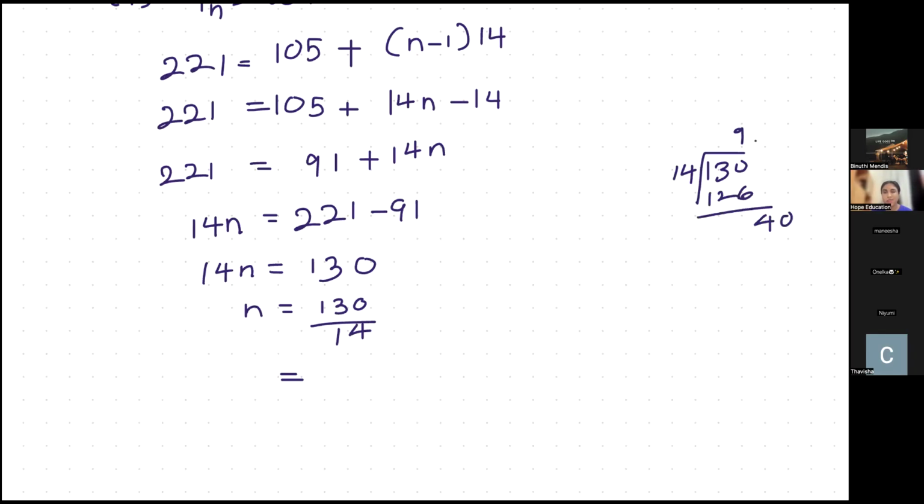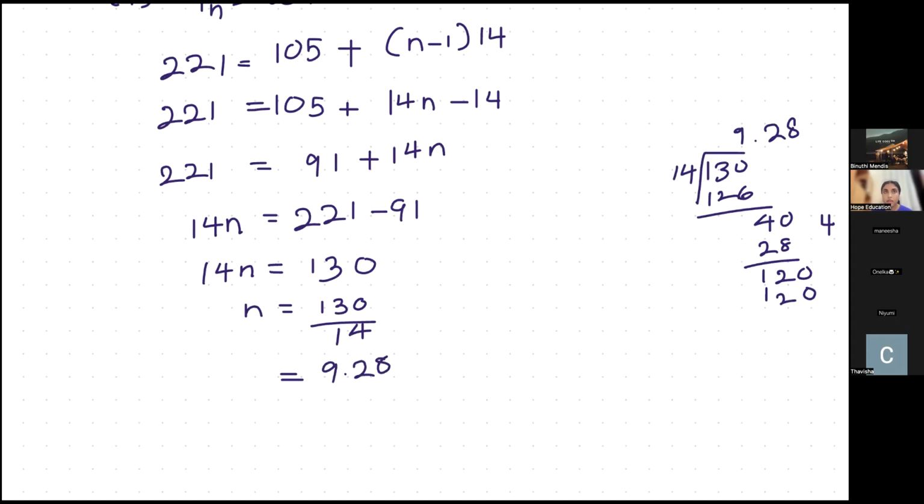I'm going to divide by now. So that is 9.28.